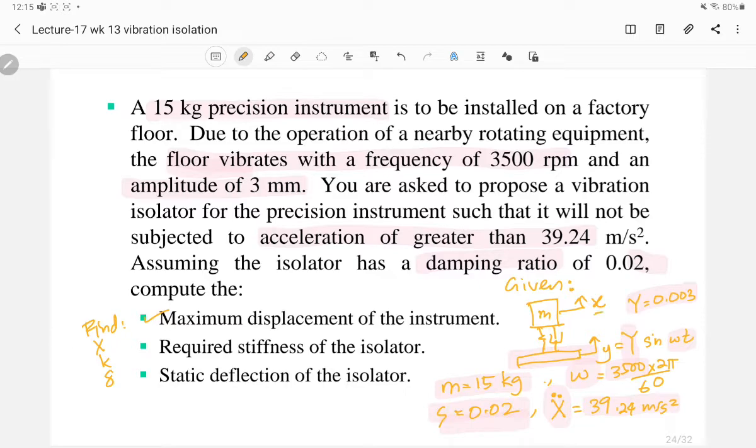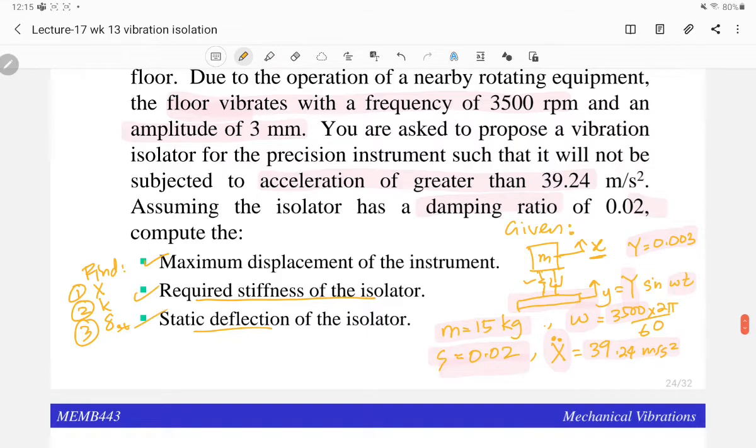Take note that displacement of the instrument is x, so the maximum displacement is the amplitude itself, which is capital X. Second, the required stiffness of the isolator, which is K itself. And third, the static deflection of the isolator, with the notation delta st. So those are the three things.